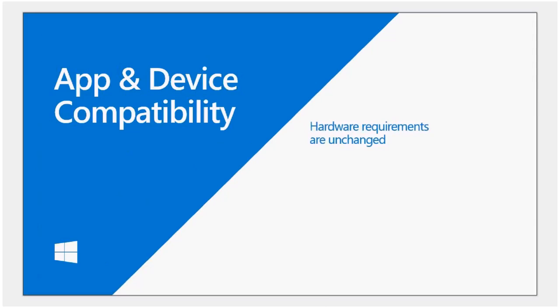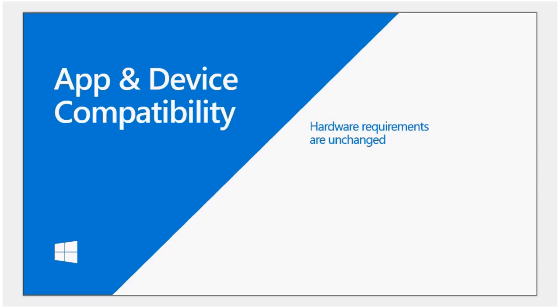First, though, we want to talk a little bit about application and device compatibility, starting with the hardware. The hardware requirements for Windows 10 are exactly the same as they were for Windows 7, Windows 8, and Windows 8.1. So any device capable of running any of those earlier operating systems should run Windows 10 without any issue. There are some very minor gotchas with machines that may have been able to run Windows 7 x64 that aren't capable of running Windows 10 x64, but it's the same processor instruction set restrictions that were in place for Windows 8.1.